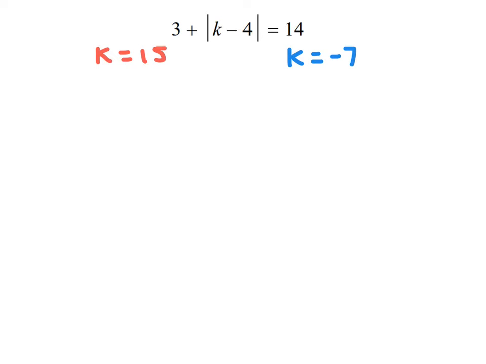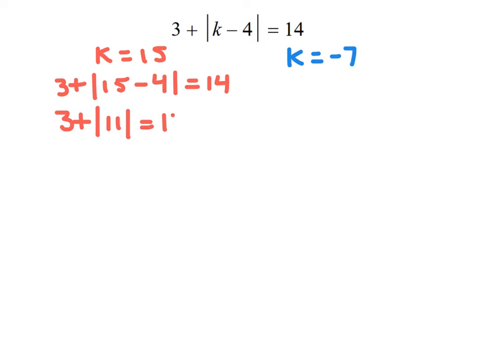So for the left, I would have 3 plus the absolute value of 15 minus 4 equals 14. This becomes 3 plus the absolute value of 11 equals 14, which becomes 3 plus 11 equals 14. And finally, you get 14 is equal to 14. So the answer is true. Do the same thing for the other side.